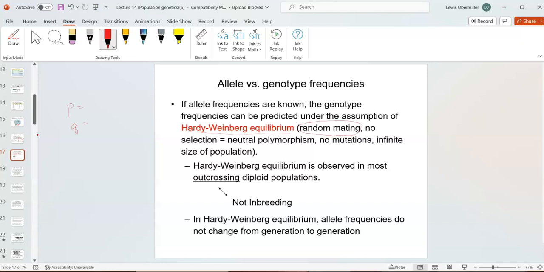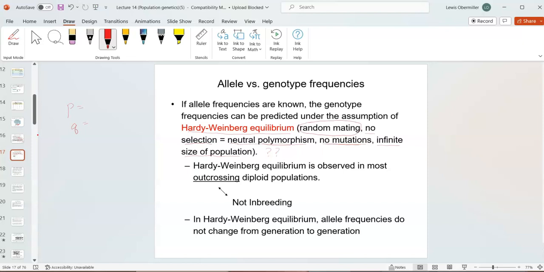There is no selection, so no fitness differences, and no mutation. Everything is a neutral polymorphism, with no deleterious mutations. The size of the population has to be infinite. These are pretty ridiculous conditions, but it'll give you a rough estimate if you need it.